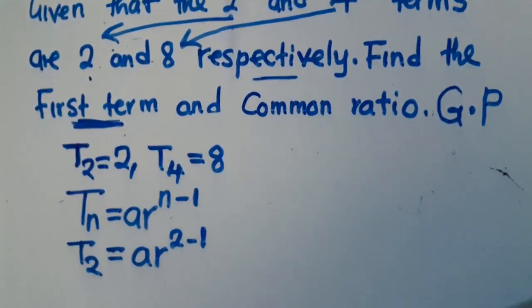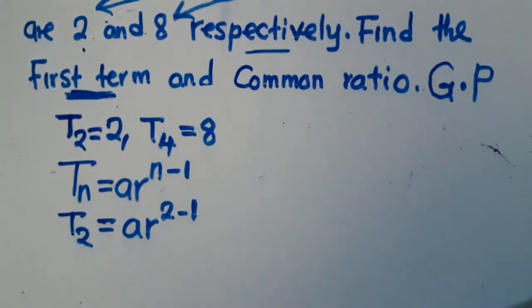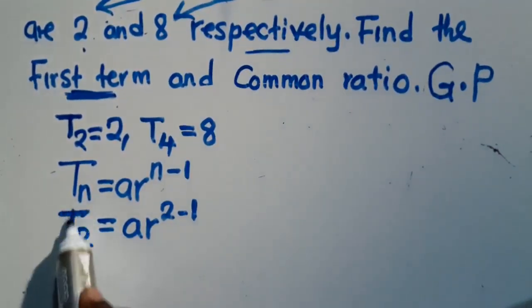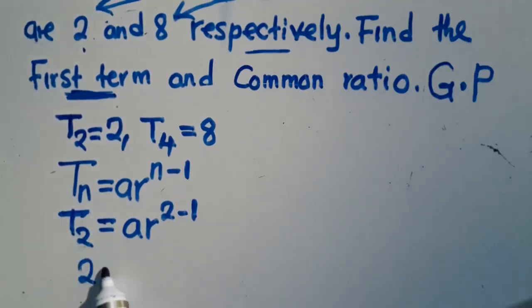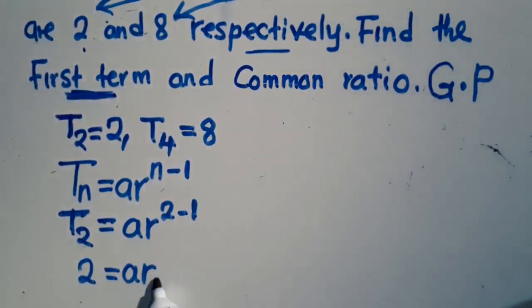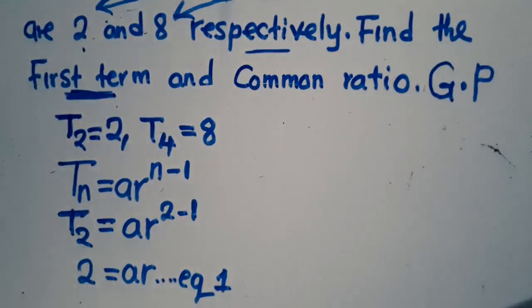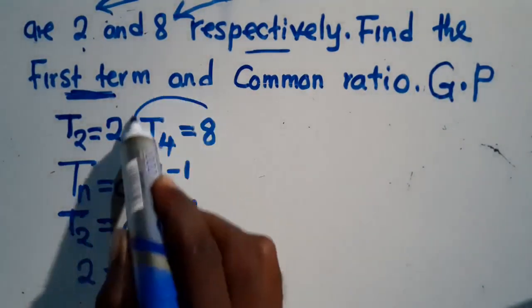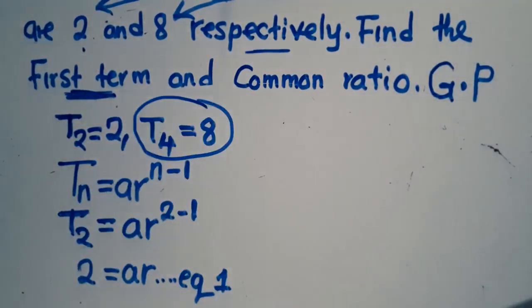I know that the second term is 2. So 2 is equal to A R, since 2 minus 1 is just 1. I call this Equation 1. So I've formed my first equation. Now I form the other equation.